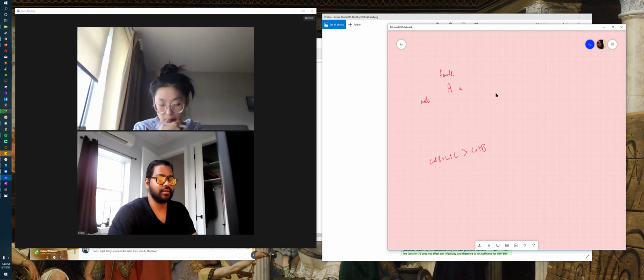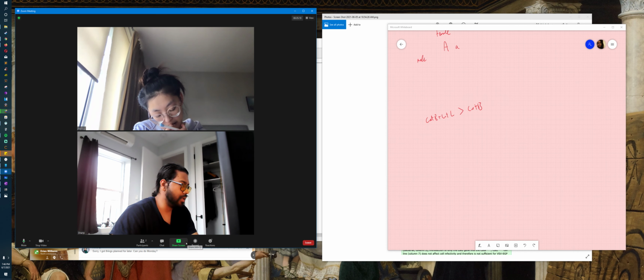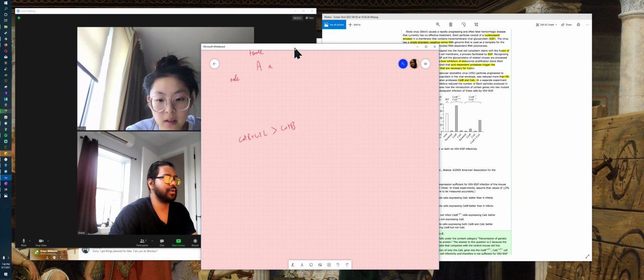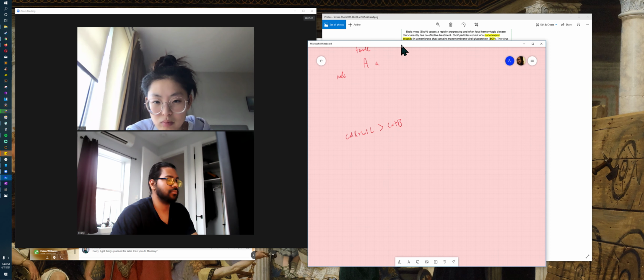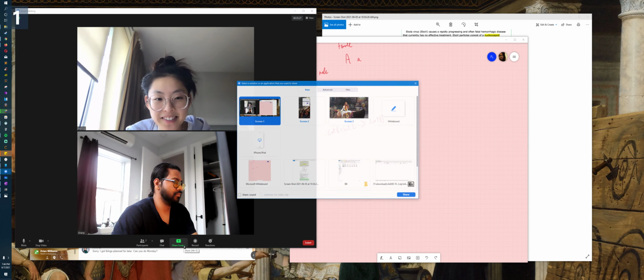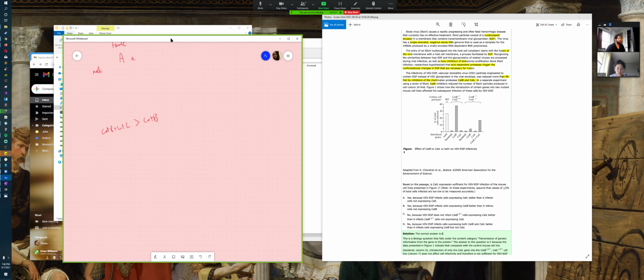Here, let me do a share. Can you enable screen sharing? Okay, try it now. Okay. So you see my Microsoft whiteboard thing? Yep. So this is what it's saying.